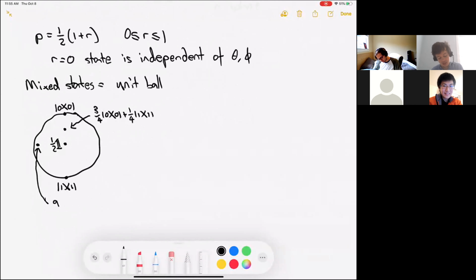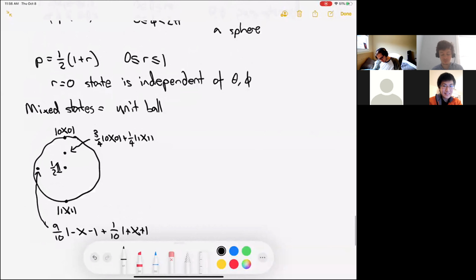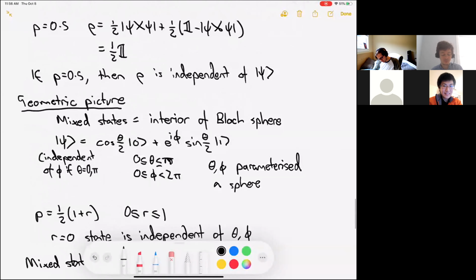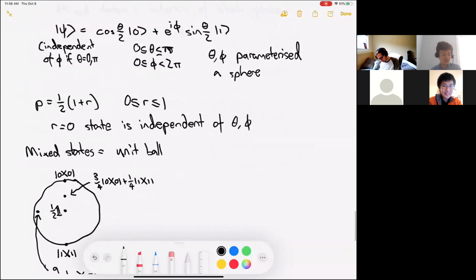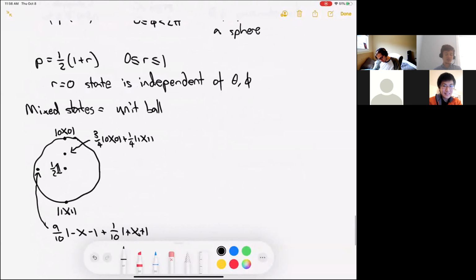So this is maybe 9/10 times the minus state plus 1/10 the plus state. And I want to emphasize again that this doesn't mean the only way to make that density matrix is to have a 90% probability of having the state be minus and a 10% probability of having the state be plus.